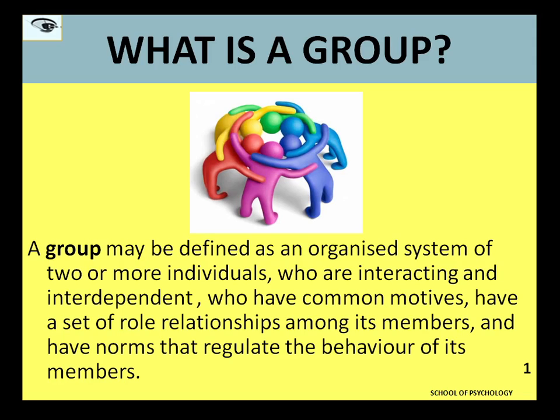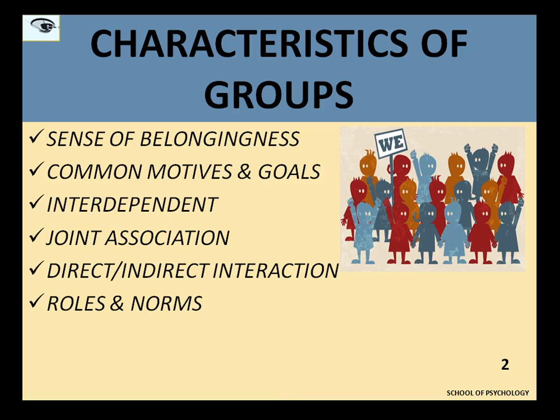Now, moving on to its characteristics, let us understand each characteristic of a group. The first one is sense of belongingness. So now the group, especially the members of the group, tend to feel the sense of belongingness.